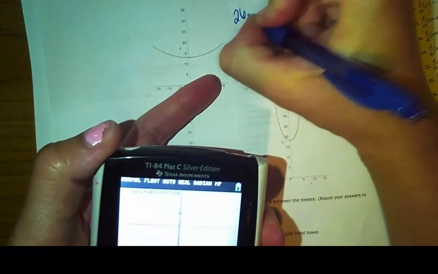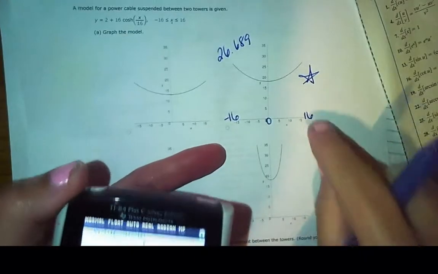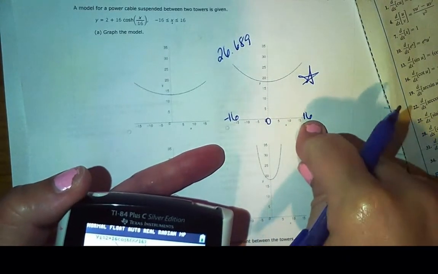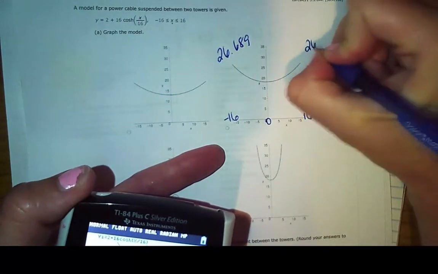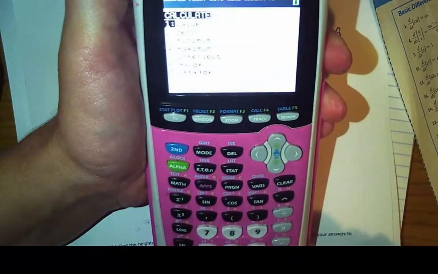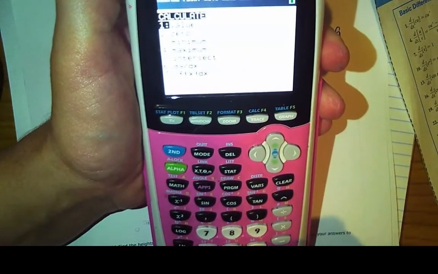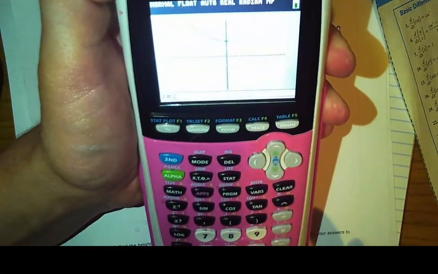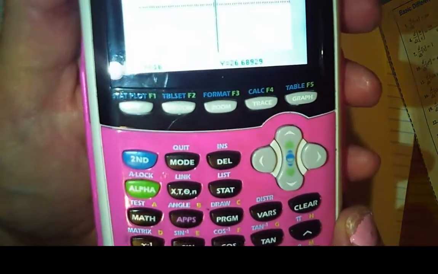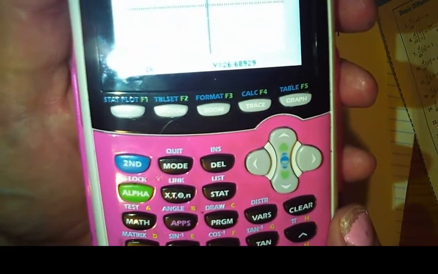26.689. Now this thing is symmetric, which means you should know what the height is over here. It's also going to be 26.689. But just in case you don't trust me, do second calc, choose the value, and do +16, and you will see it is 26.689.